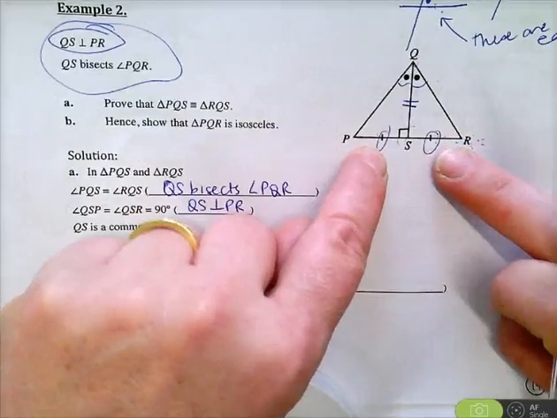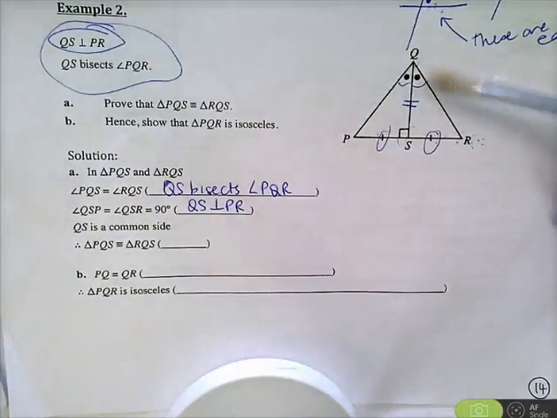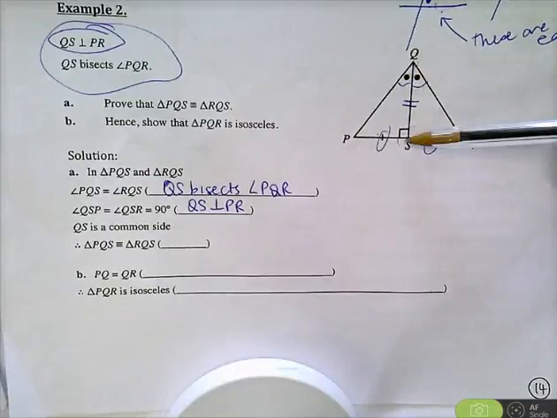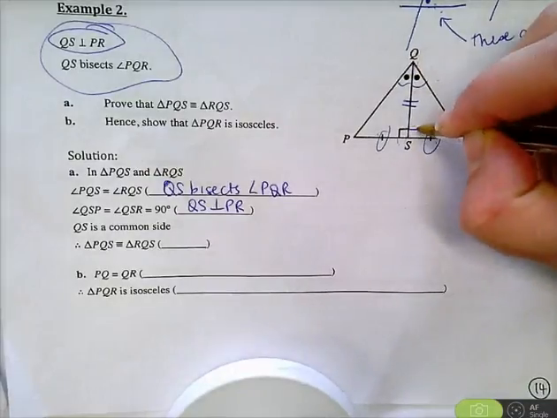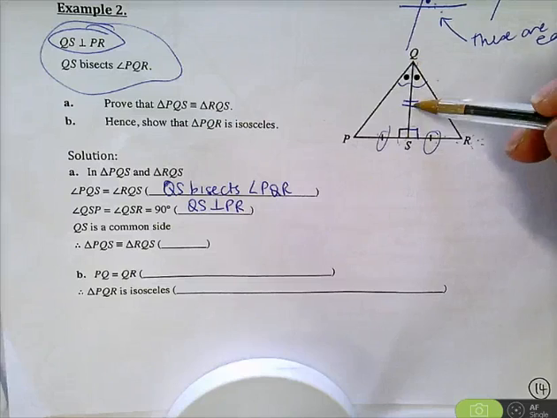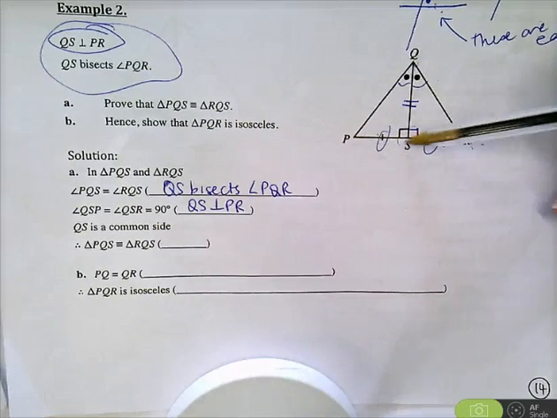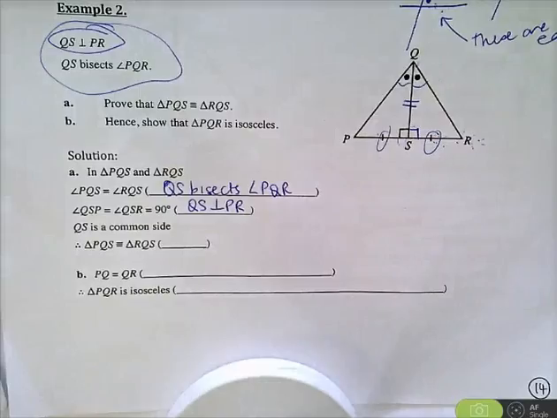I know that they are equal, but that's later. So what would you use if you just use those? Remember, we've got this angle too. AAS. We haven't included this in our proof, have we? Have we said that PS equals SR? So you can't use it as one of your reasons. Does that make sense? Yeah.